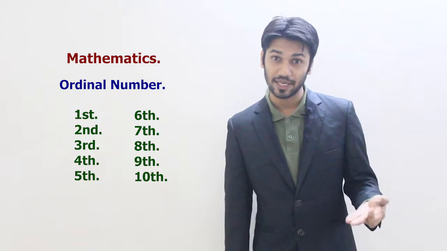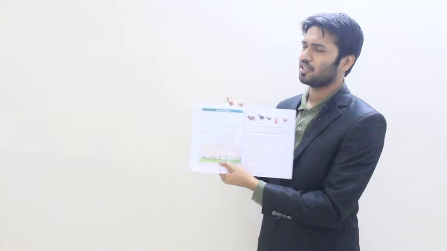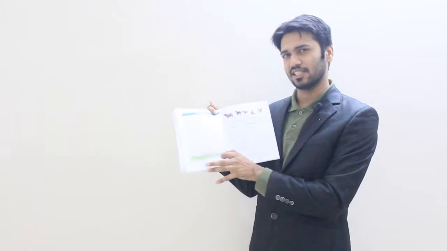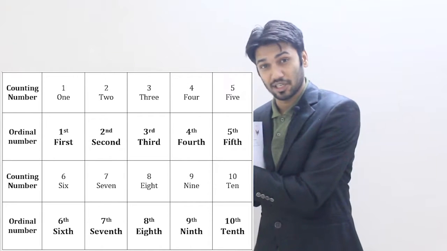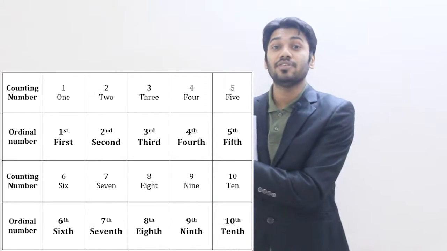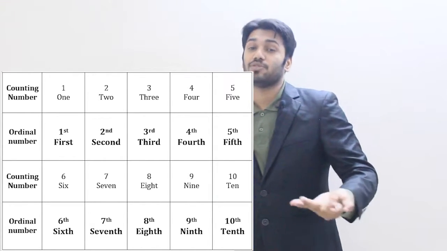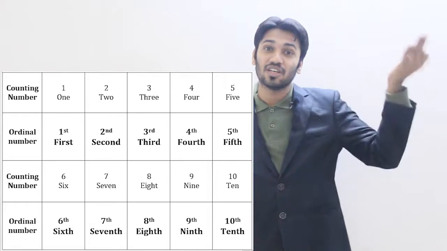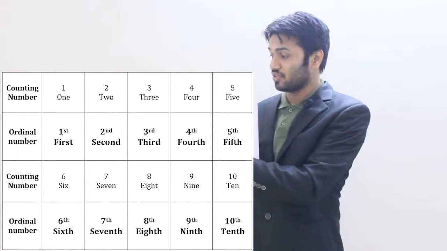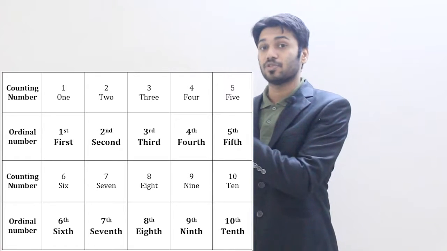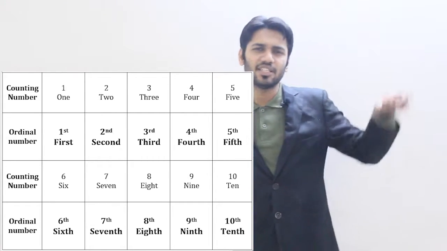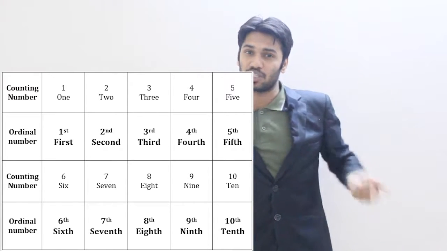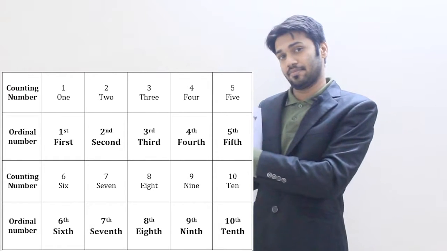Okay, have you got me? Now if you have understood that, you should have no difficulties in understanding this. See, 1 is a counting number. If we are putting it in some order related thing, we call it first. 2 is a counting number, and if it is related to an order, we call it second.